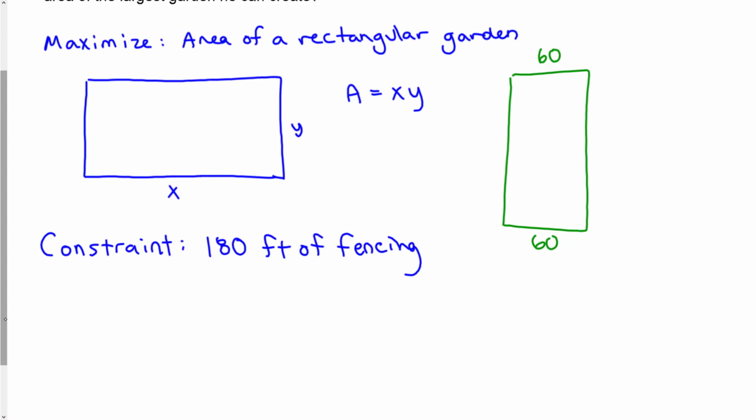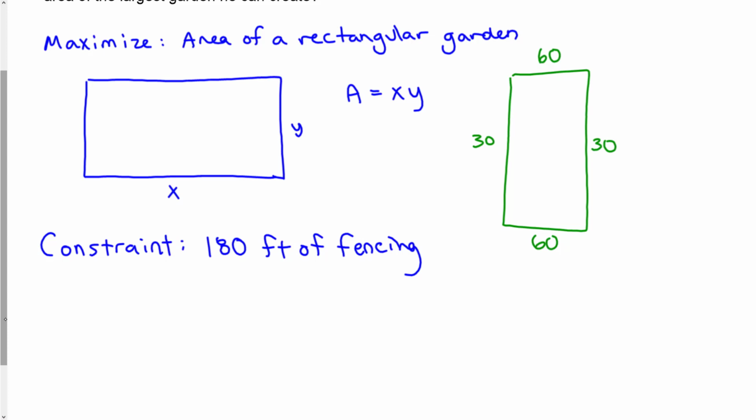That leaves me 60 feet altogether for the remaining sides. This is not drawn to scale, but here's a potential garden. I have two sides at 30, which is 60 feet total, two sides at 60, which is an additional 120 feet total, for a total of 180 feet used.